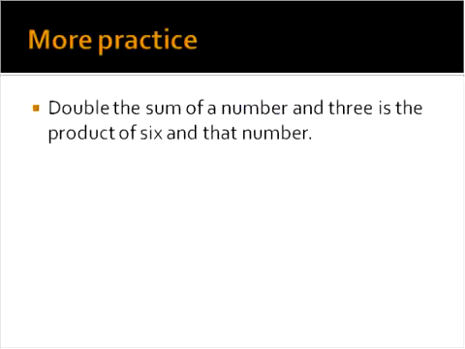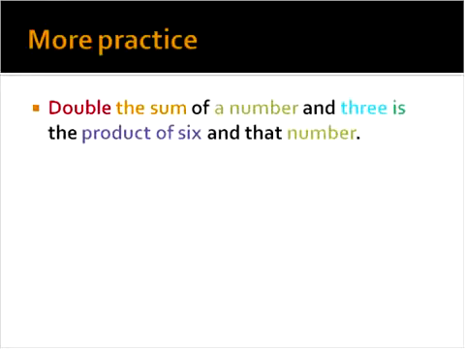Let's look at one that's a little bit more complicated. This one says double the sum of a number and 3 is the product of 6 and that number. We're going to use the same process and color code everything. In this one there happens to be a little bit more information, but when we color code all of it, we should be able to isolate exactly what they're asking for. First off, it says double. When we're asked to double something, that means we'll be multiplying it times 2.